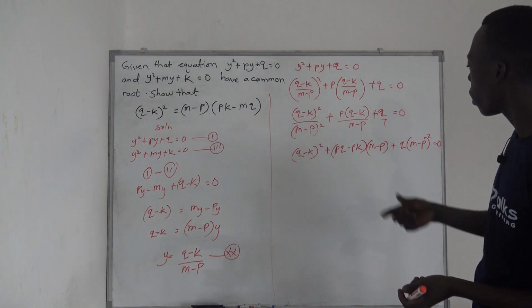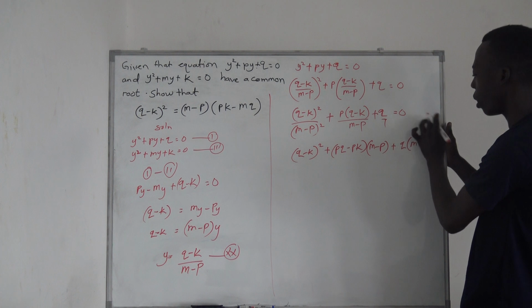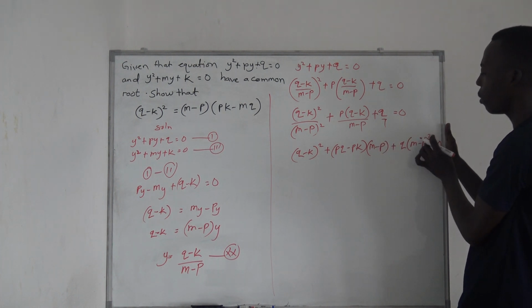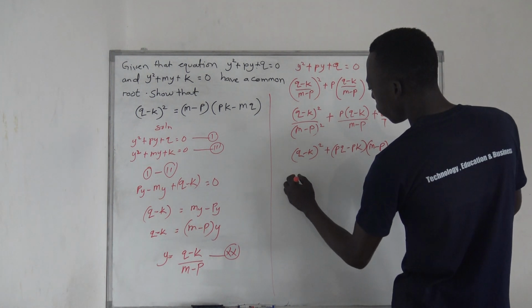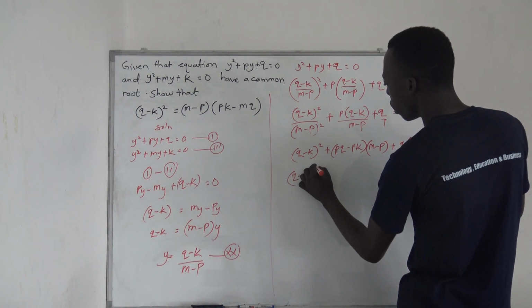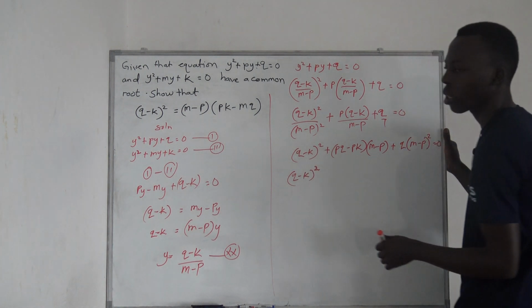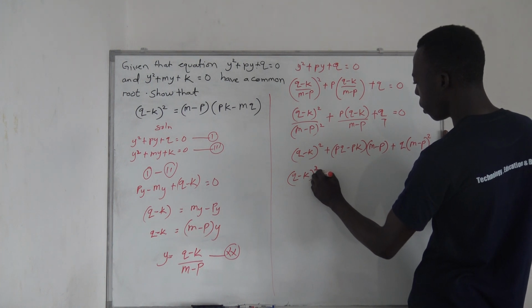But before we take it to the other side, we have a common term between this one and this, a common term which is m minus p. So we first factorize out, so here we shall have q minus k, the whole thing squared. So this one becomes plus.